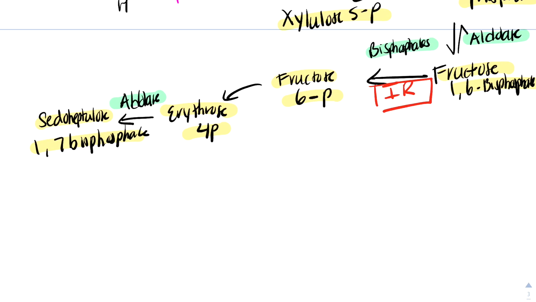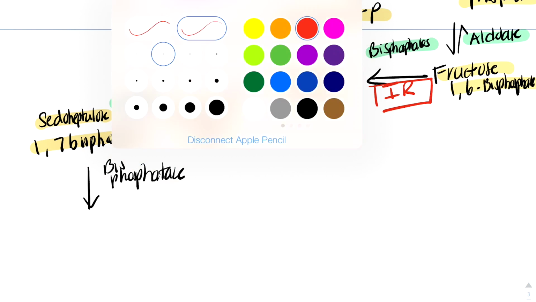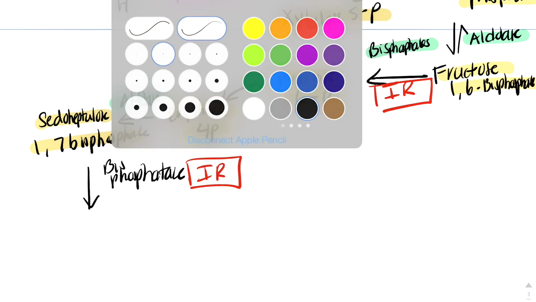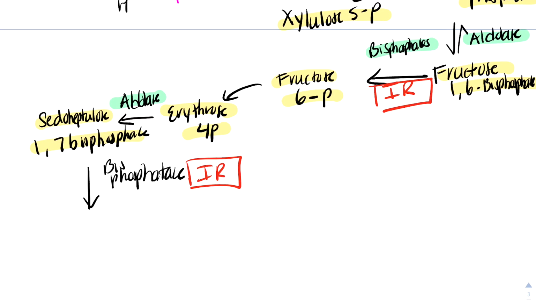And then this sedoheptulose 1,7-bisphosphate can use bisphosphatase again. Again, this is an irreversible step, so make sure you keep note of those. And that gives sedoheptulose 7P.